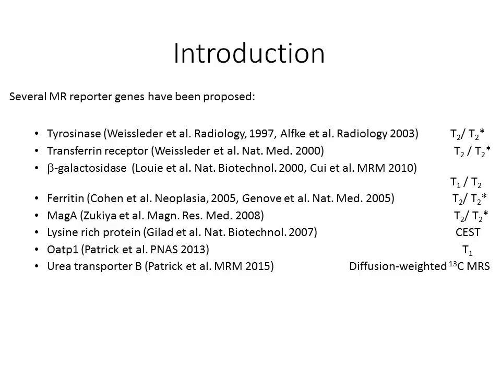And then very recently we showed that you can use the urea transporter as an MR gene reporter. In this case, we detect reporter expression using hyperpolarized 13C labeled urea. And we detected uptake of the urea into UTB expressing cells using diffusion-weighted spectroscopy. So when the urea goes into the cell, you see a decrease in the apparent diffusion coefficient.